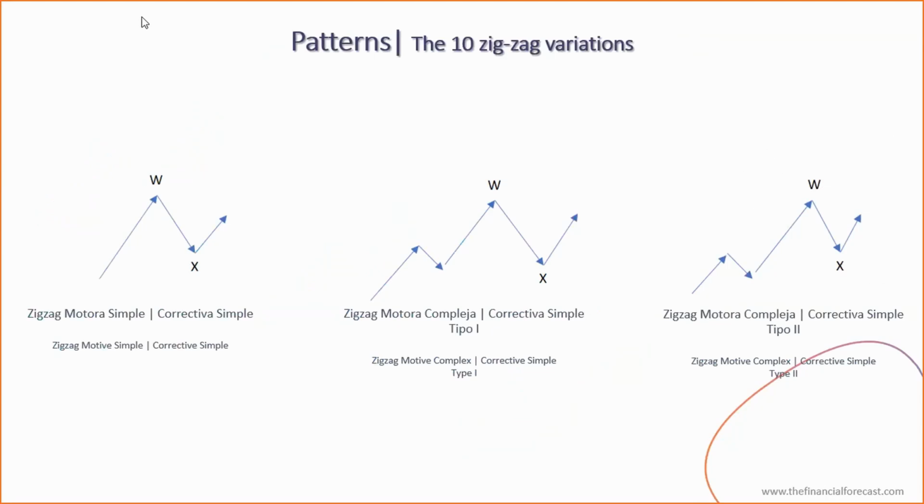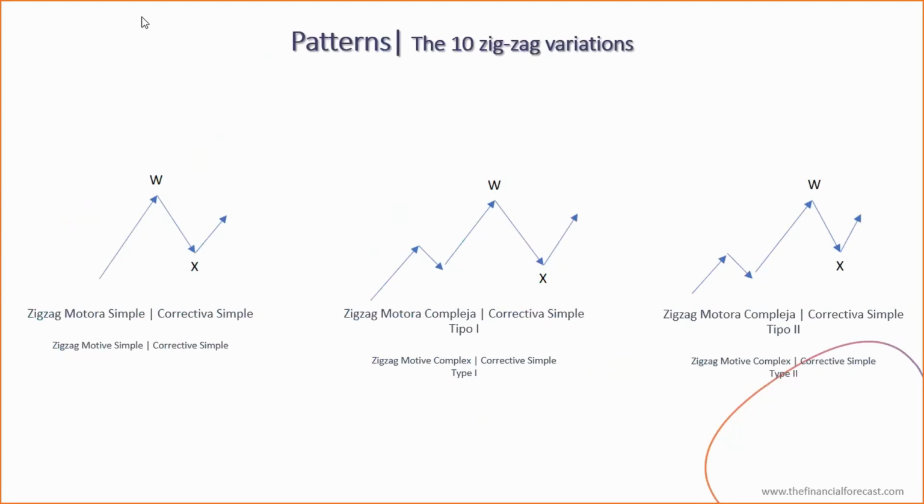So we will move then to the different iterations of the zigzag. We saw how the pattern looks like, just a simple zigzag, 3 lines. But this alternation rule allows us to create more than 10 different iterations.